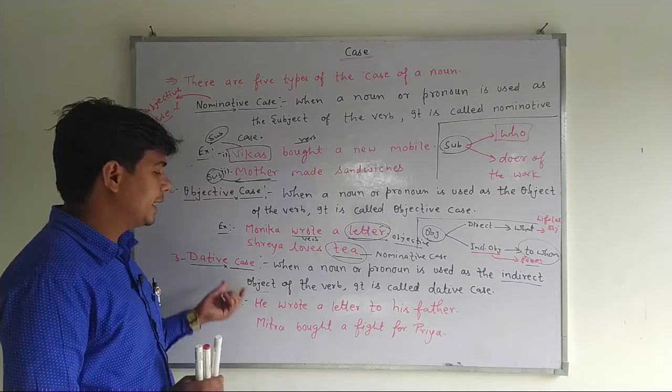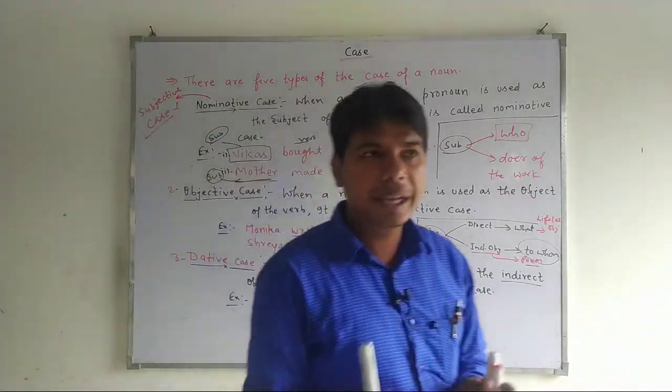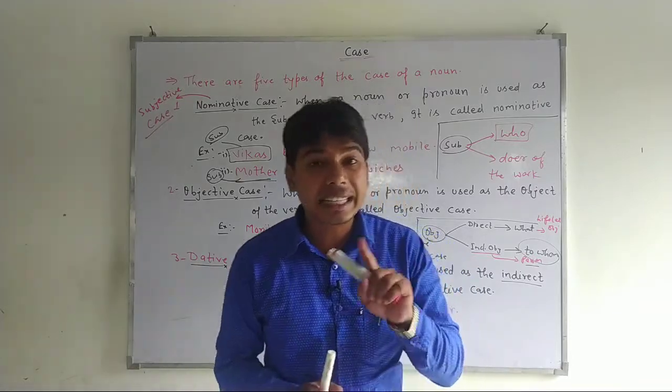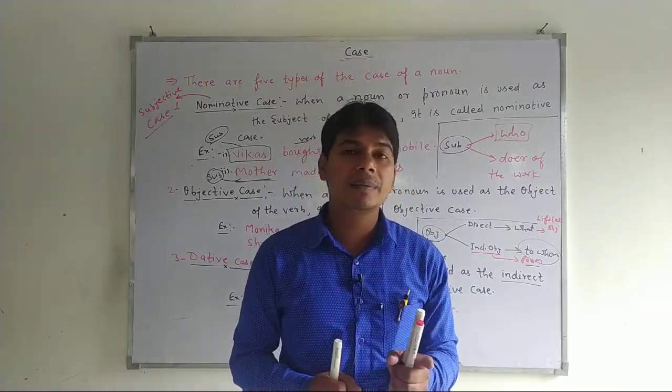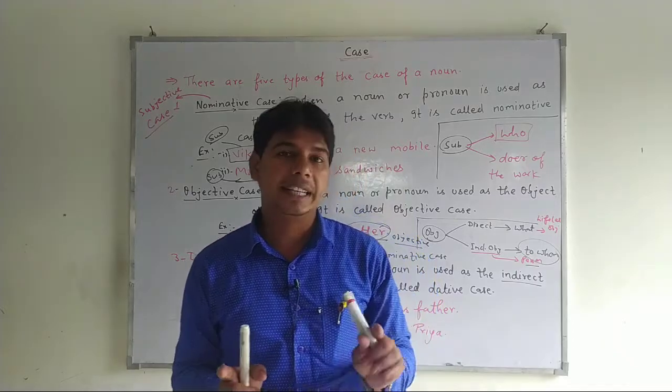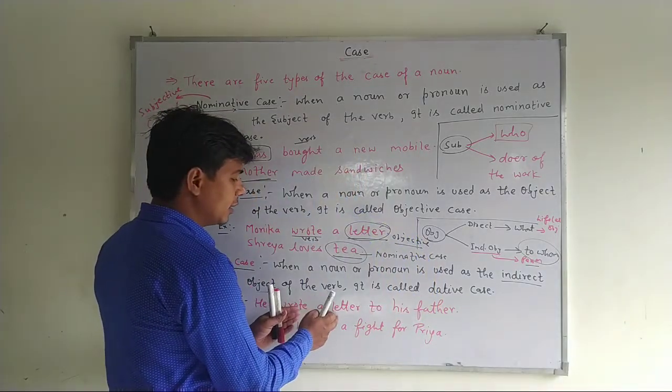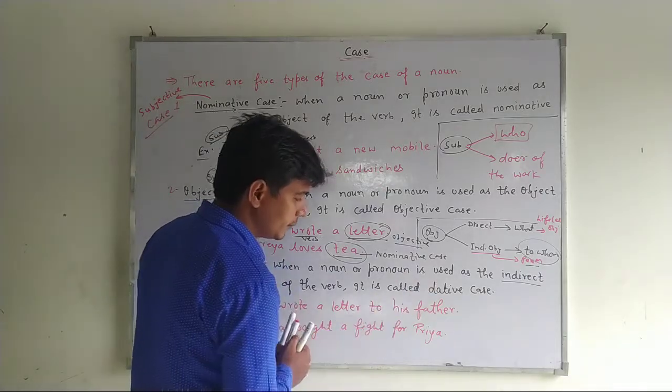Now see, dative case. I have told you already, when a noun or a pronoun is used as the indirect object of the verb, that is called dative case. Let's see an example. He wrote a letter to his father.